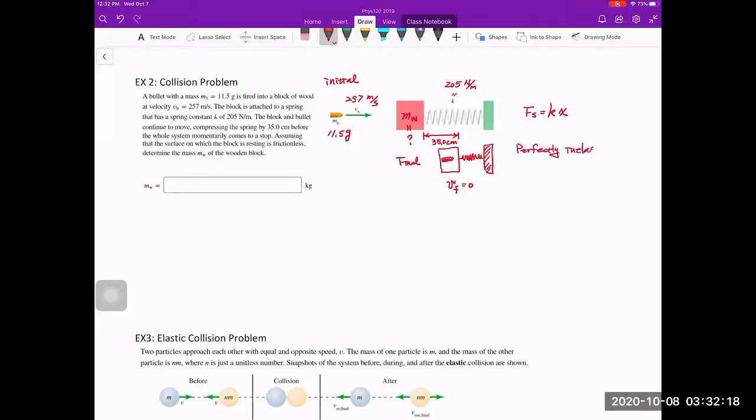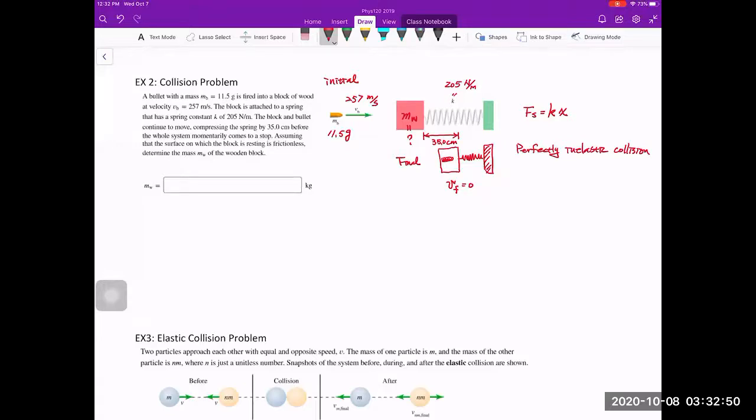Now, if this is an inelastic collision, the only thing that you can do for the conservation is the conservation of momentum. The energy is not going to be conserved. So you cannot use the conservation of kinetic energy because they move together.